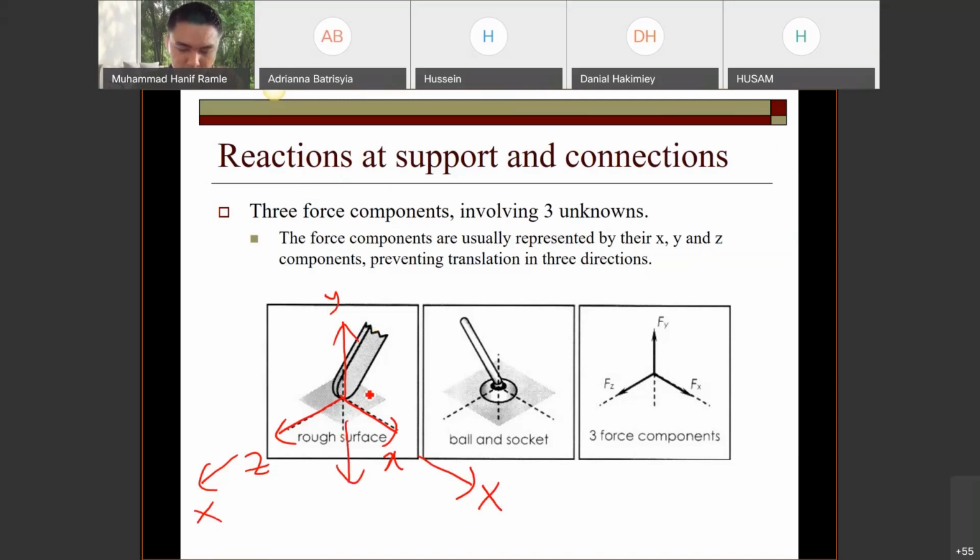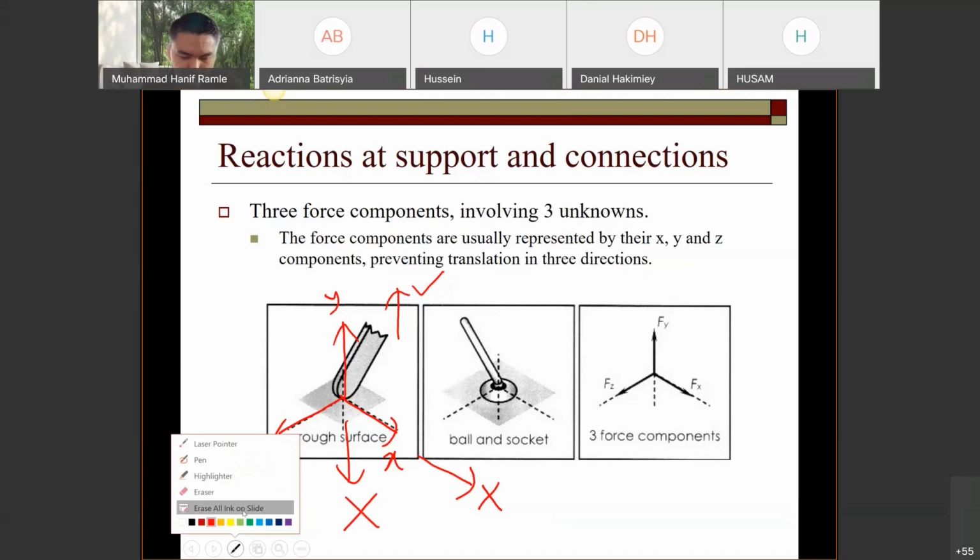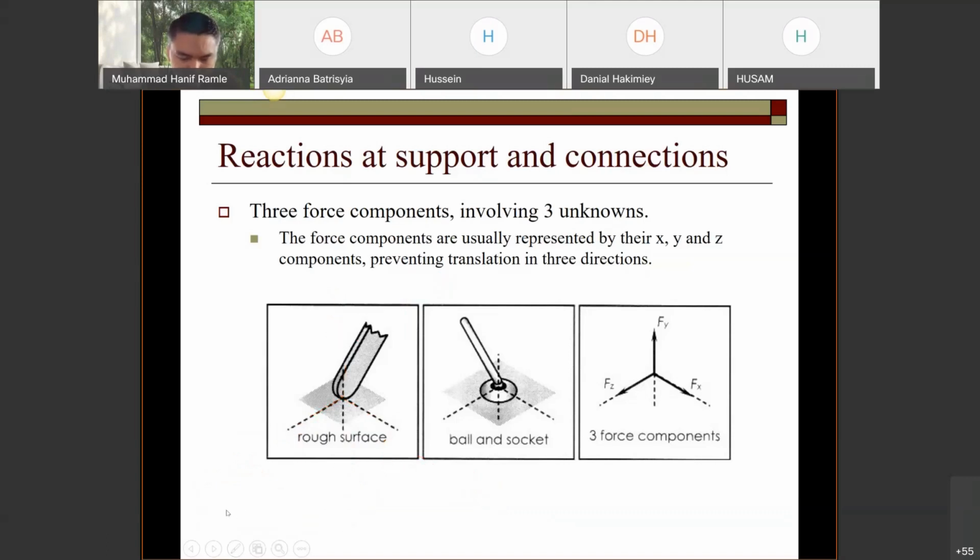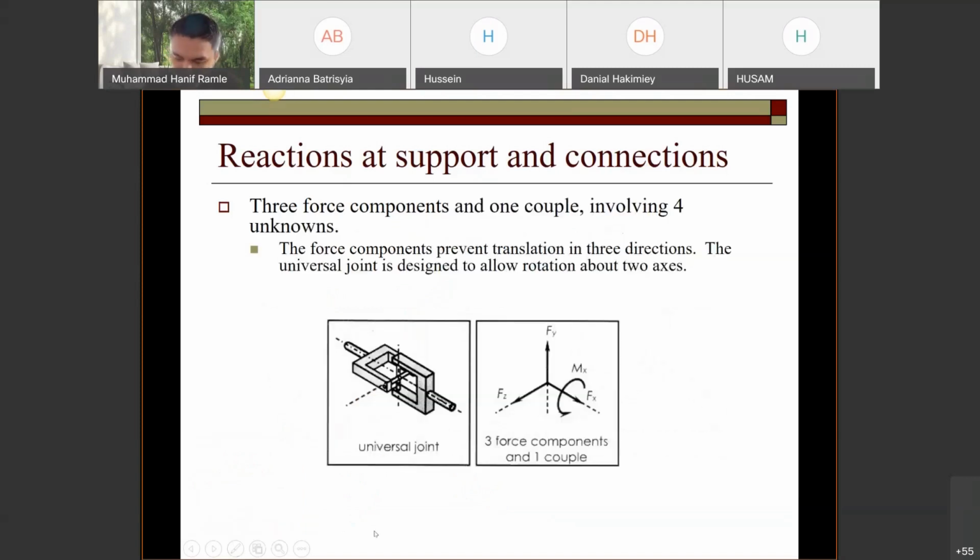This system can go up, but cannot go down. So there is restriction as well. The movement on the axis is the restriction. How about the moment? How about the rotation?